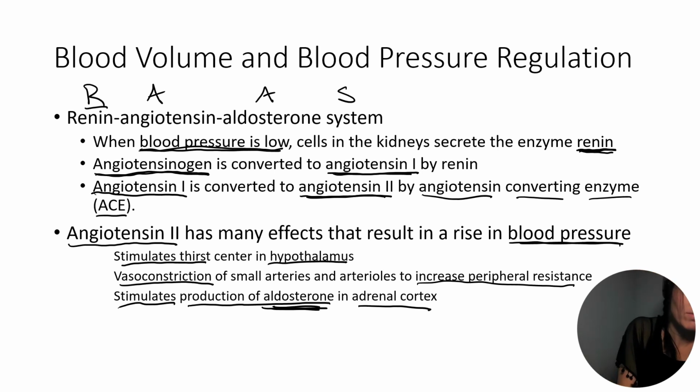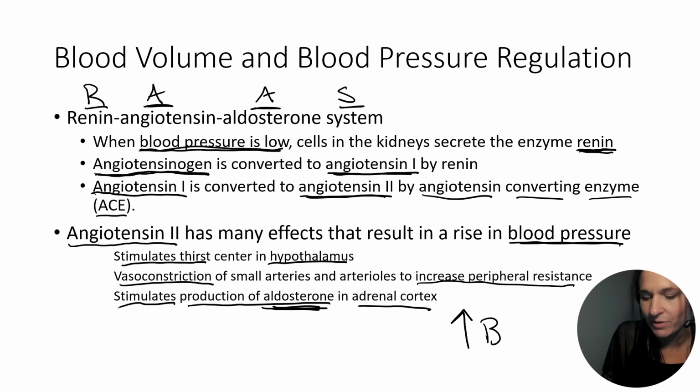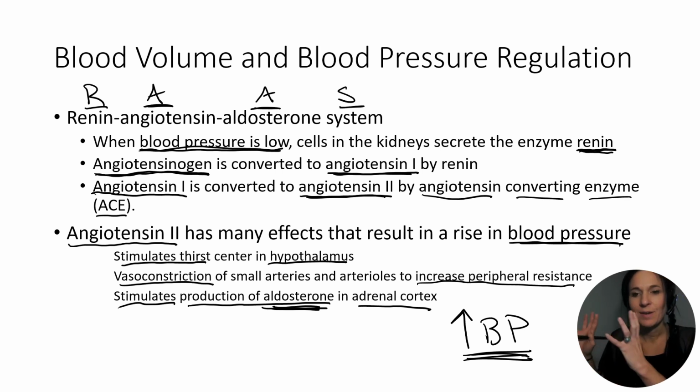So we have our renin, angiotensin, aldosterone system, and all of this that we just went through is going to increase blood pressure. All right, so when in doubt, draw it out. Let's do that.